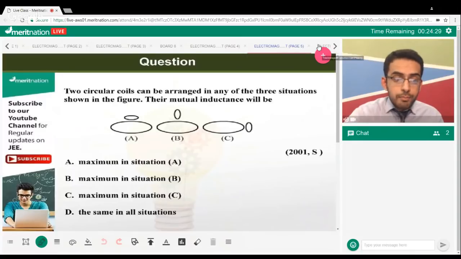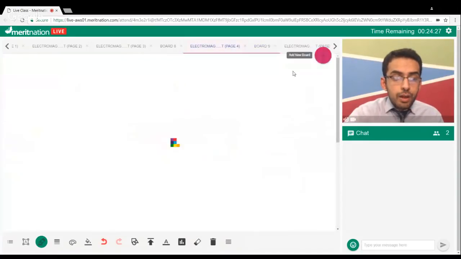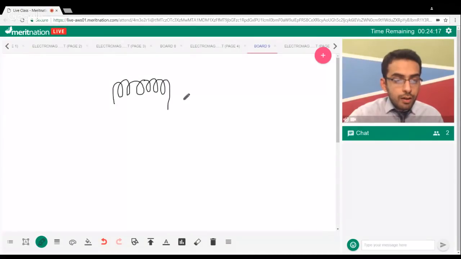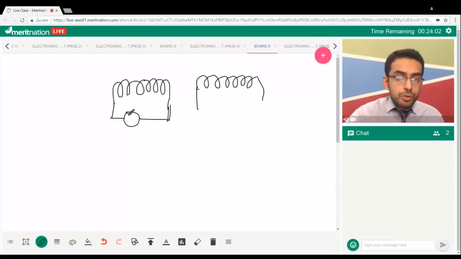So how to do that? If you recall, suppose we have two coils. Let us say this coil is connected to some power source, and the power source has variable EMF.